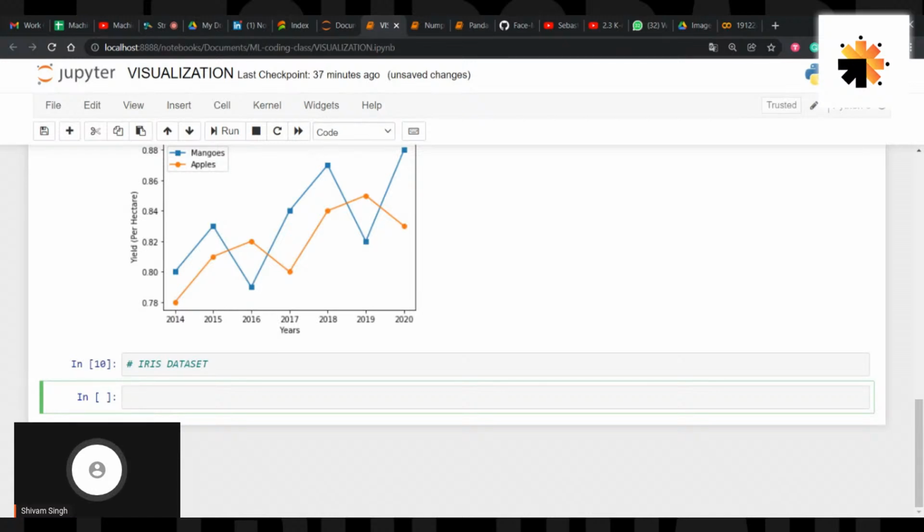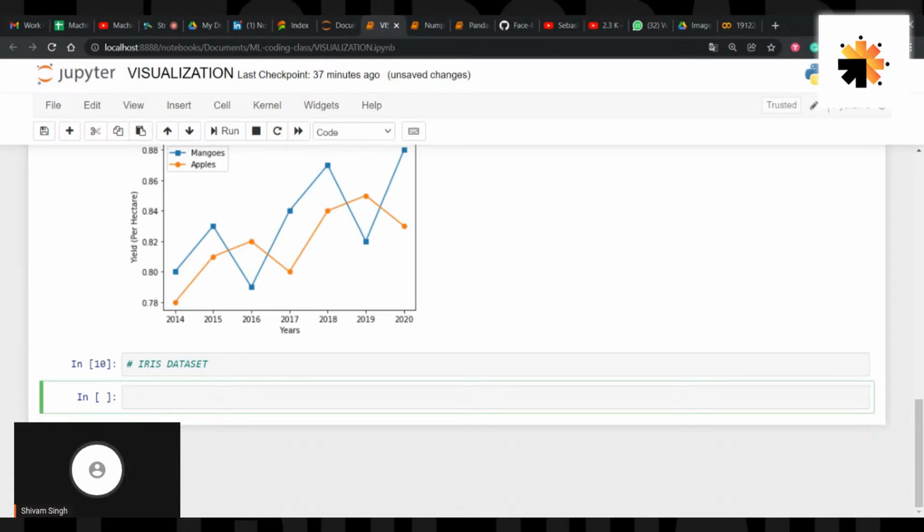Now, if you want to make some classification, maybe this flower has this kind of property, that flower has that kind of property. Each and every flower has a different kind of property, and that property may be based on their petal length, petal width, sepal length, and sepal width.